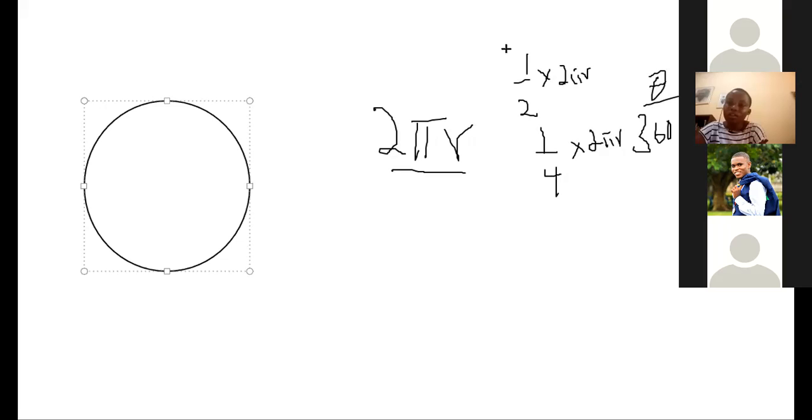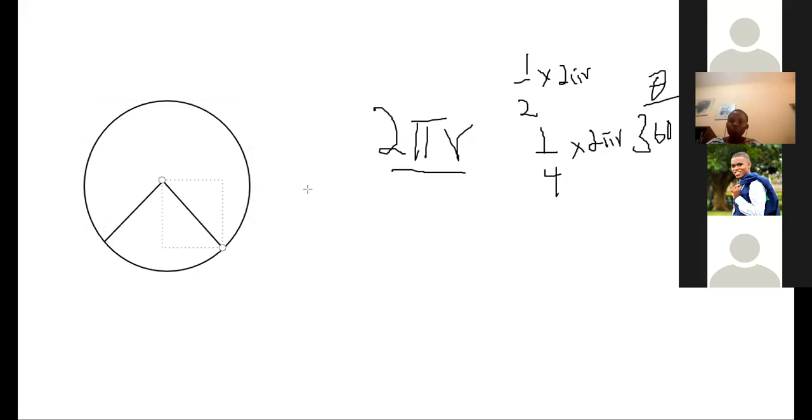Given this circle, the angle here is 120 with a radius of 7 centimeters. Find the perimeter of that arc.